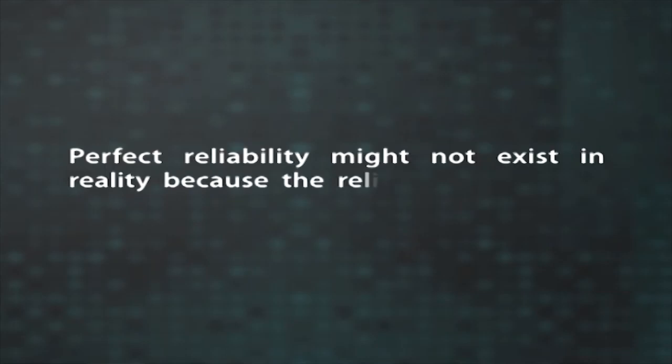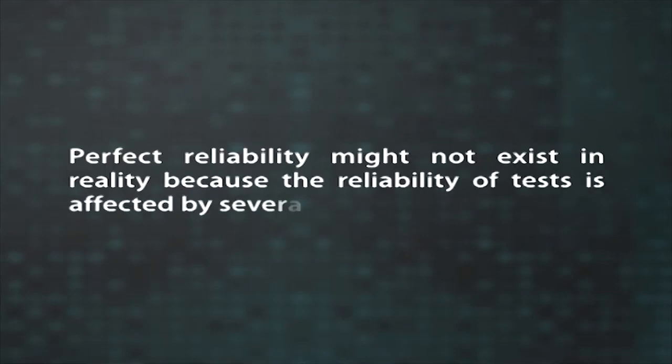It should be noted here that perfect reliability might not exist in reality because the reliability of tests is affected by several other factors. The mental conditions of students, the physical conditions of students, administration procedure, scoring procedure, precision of the test items, etc. are some of the major factors affecting the reliability of test scores.